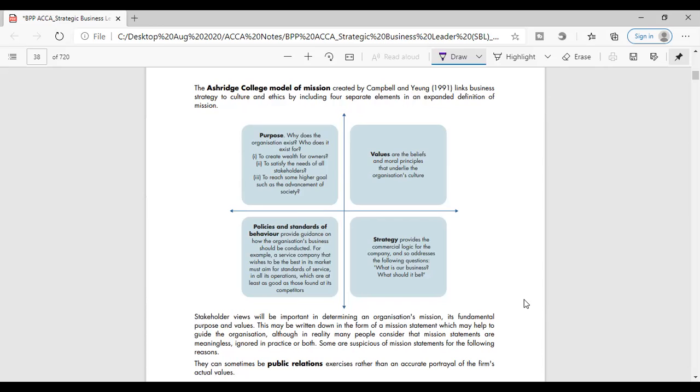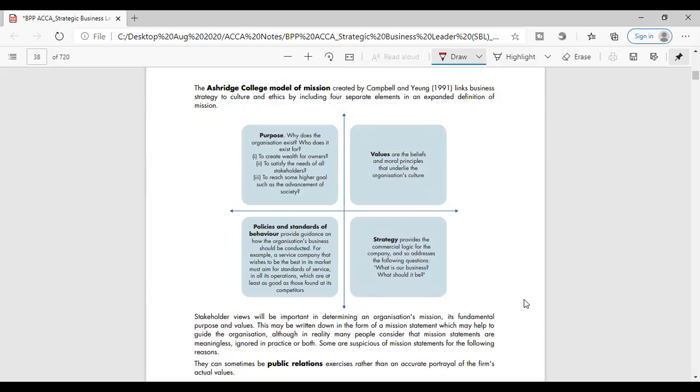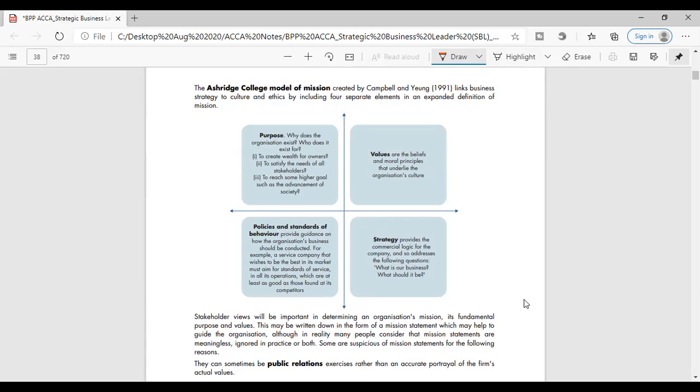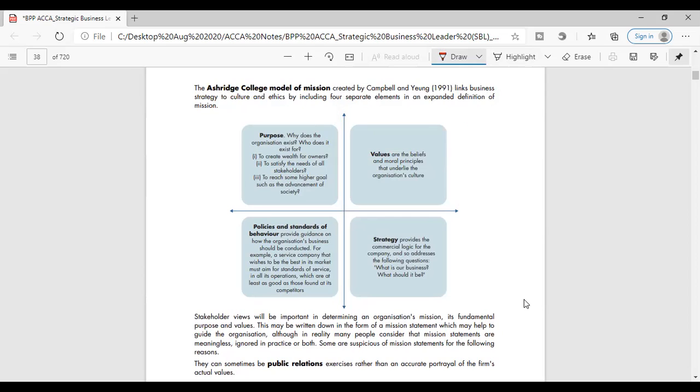So value is about the ethics, etc. Value is the belief and moral principle that underlie the organization's culture. So it is about ethics. Strategy we talked about. Purpose is what it wants to do in the long term, to create just the wealth or the knowledge or to mitigate poverty or eliminate hunger.